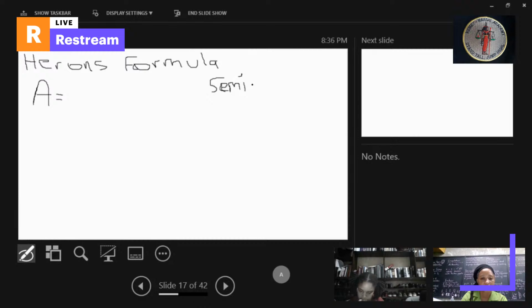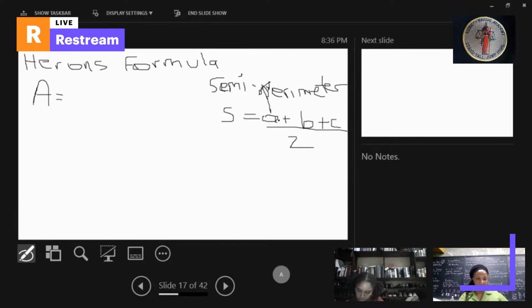That's half of the perimeter of the triangle. Okay, so we know the perimeter is the distance around the triangle, or the length of all three sides. So the semi-perimeter would be side A plus side B plus side C over 2, right?